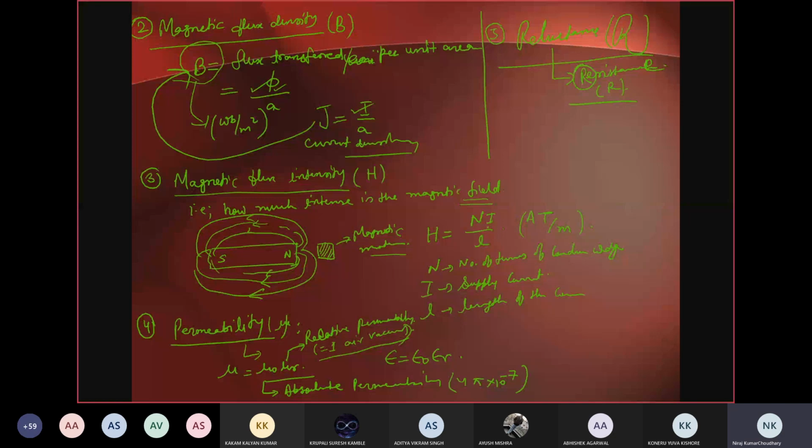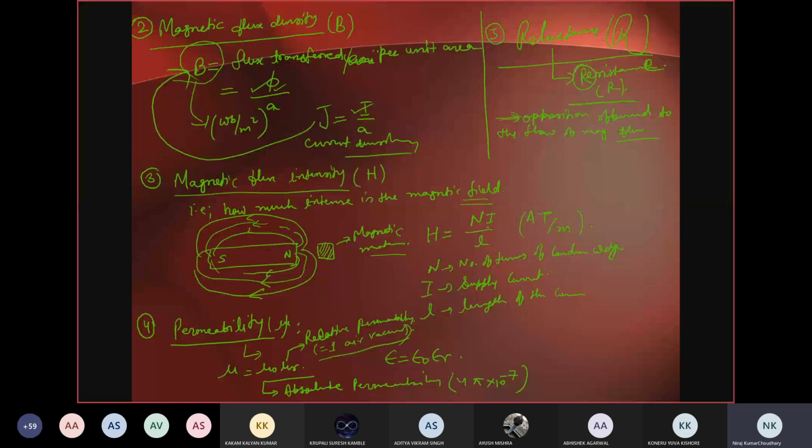Similarly, in a magnetic circuit, reluctance is a property which opposes the flow of magnetic flux. That is, the opposition offered to the flow of magnetic flux is reluctance.